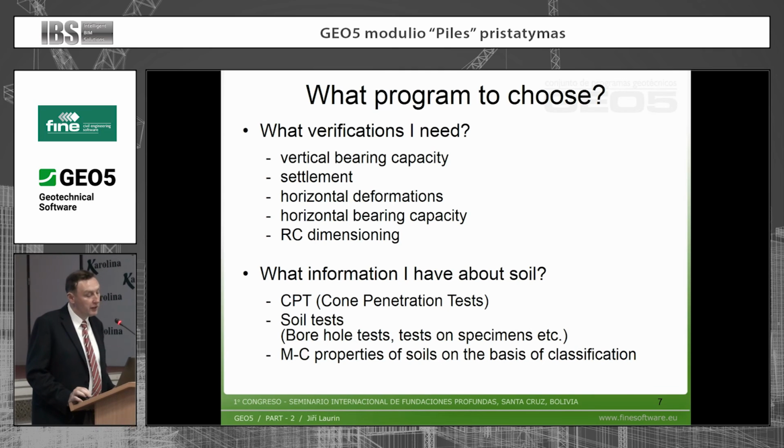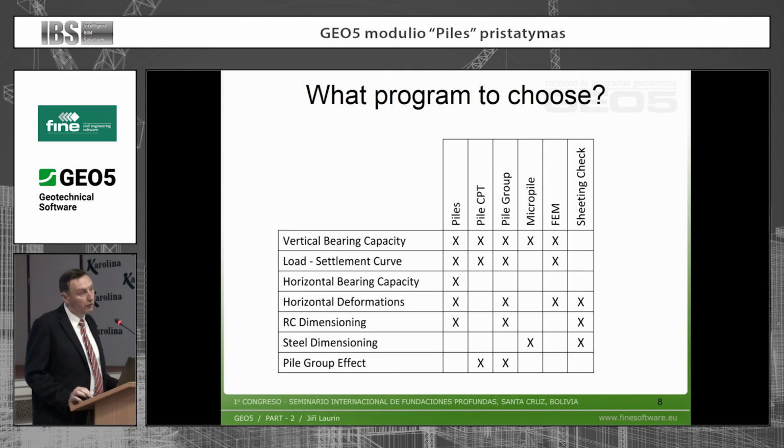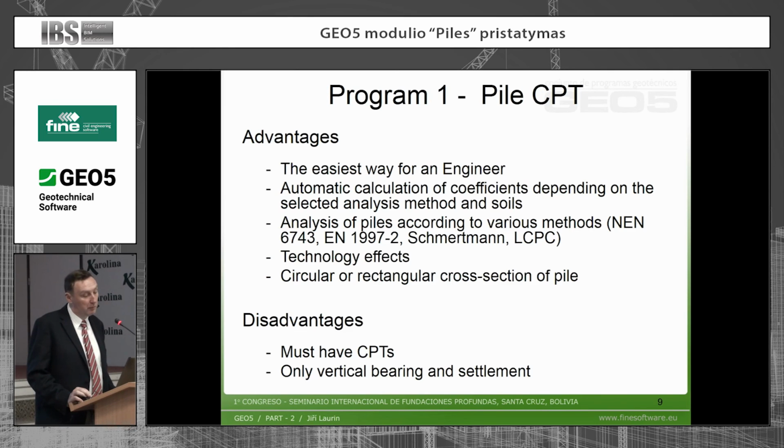If you are interested in horizontal deformation and horizontal bearing capacity, you have to choose another program. You can find it in our documentation, just a table of what program to choose and what you can compute in what program of GEO5.